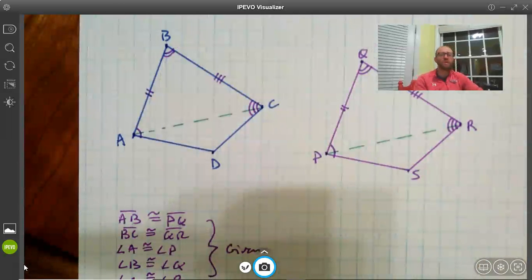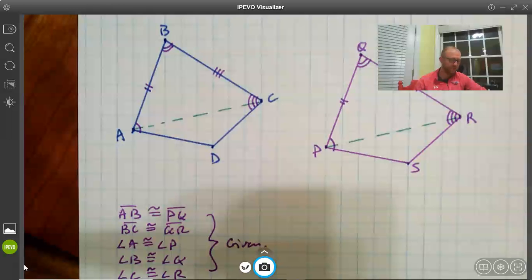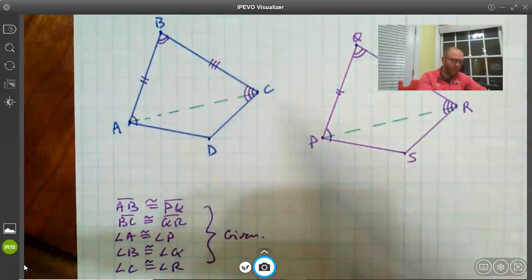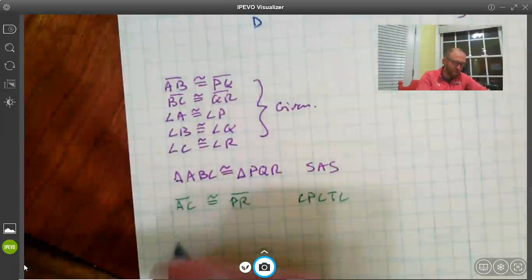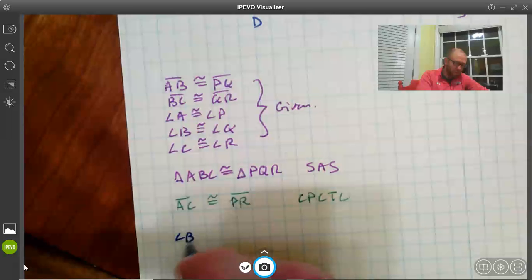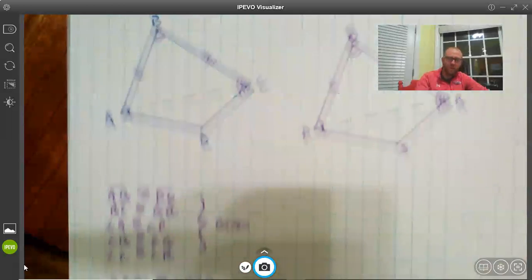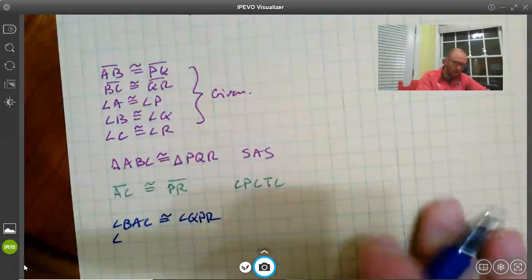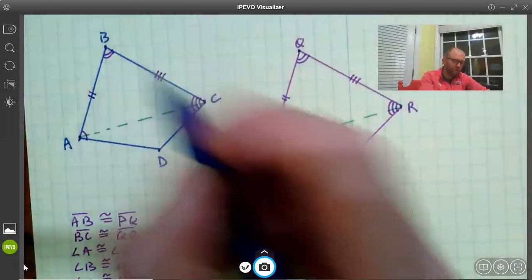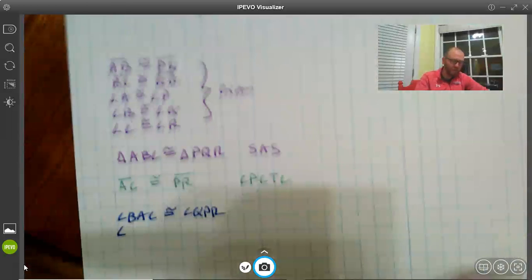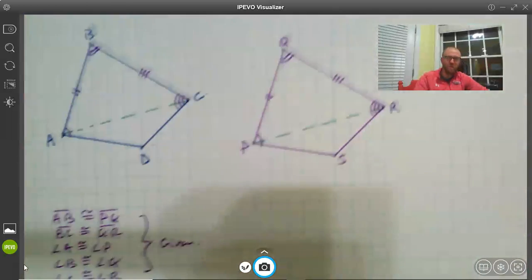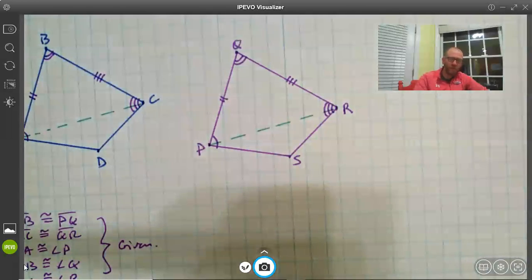So we're going to do that, because here's what we're going to do. We're going to say that angle BAC is congruent to QPR, and that angle BCA is congruent to QRP.